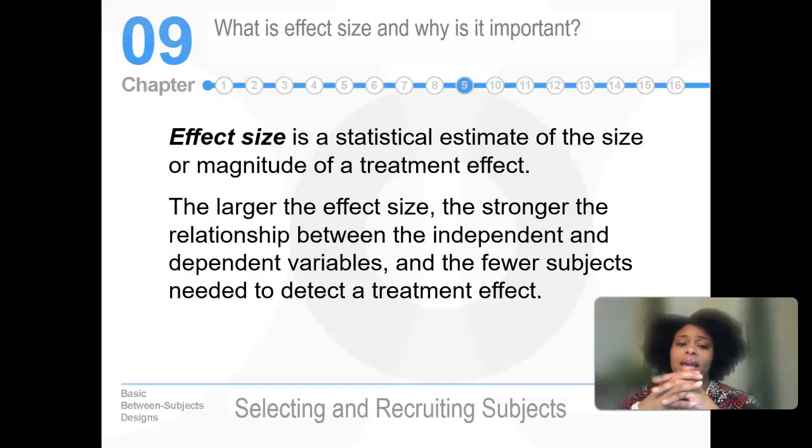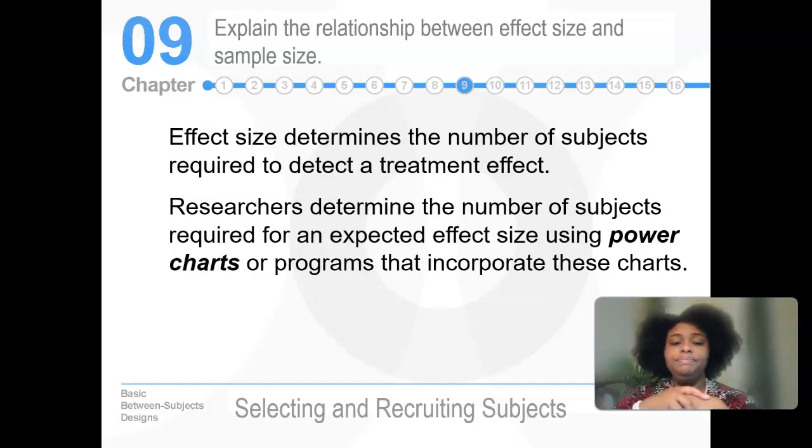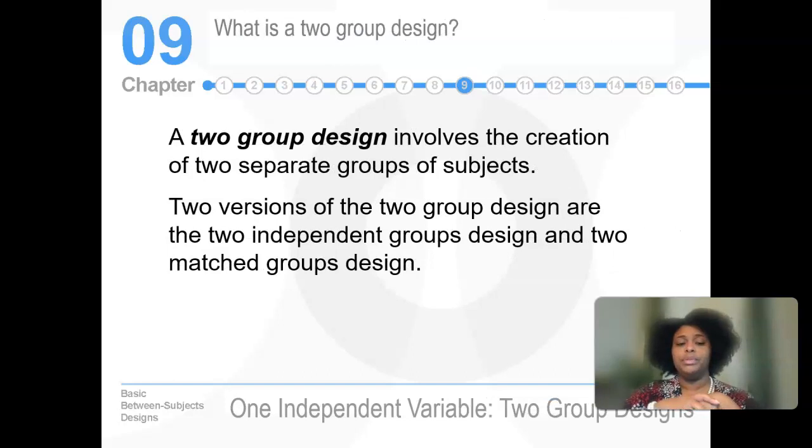Effect size determines the number of subjects required to detect a treatment effect. Researchers determine the number of subjects required for an expected effect size by using power charts or programs that incorporate these charts.